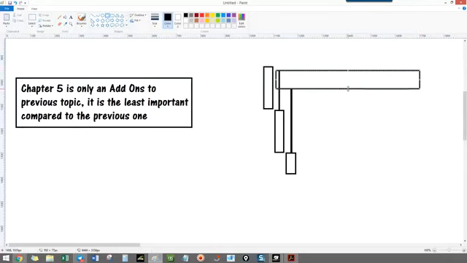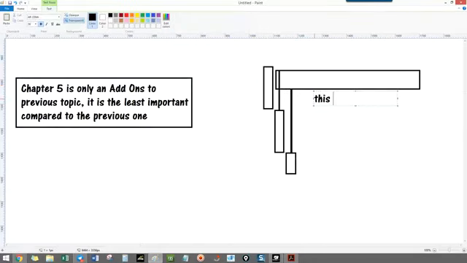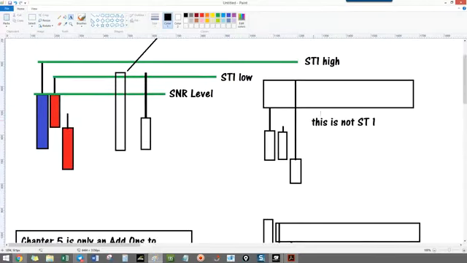It must be side by side. This is ST1, Shadowcode type 1. It cannot be like this.